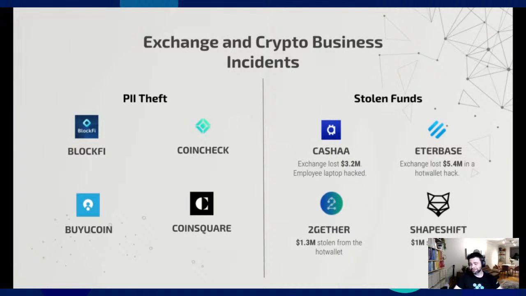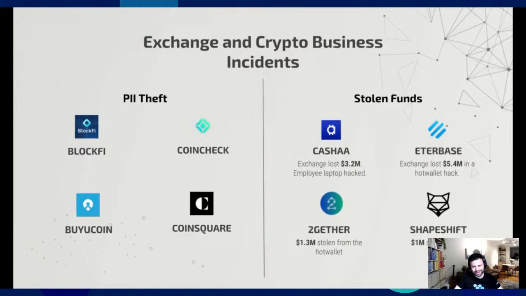And then, of course, the whole point of hacks in many cases is just to get some kind of financial profit. So we have two themes here. On one side, we have external threats, which are Etherbase, Together, and a few other exchanges that had their hot wallets compromised. And the losses there were relatively small.